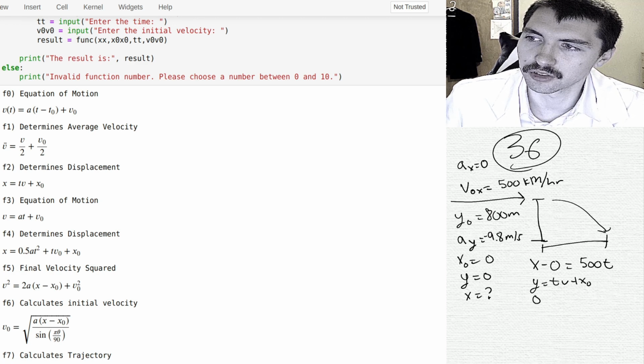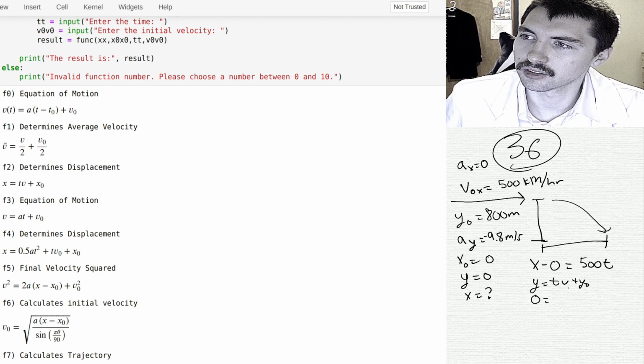So we could say 0 is velocity in the y direction.